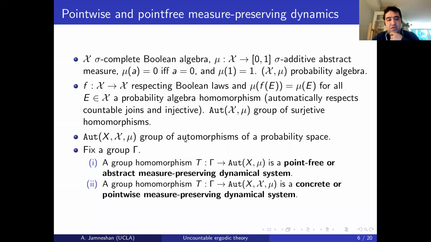So now we can introduce dynamics, both in an abstract and in a concrete way, by fixing a group gamma and considering a group homomorphism from that fixed group into that automorphism group. And if we are working with a measure algebra, we will call such an action an abstract measure preserving dynamical system. And if we work with a concrete probability space, we call it a pointwise or concrete measure preserving dynamical system.